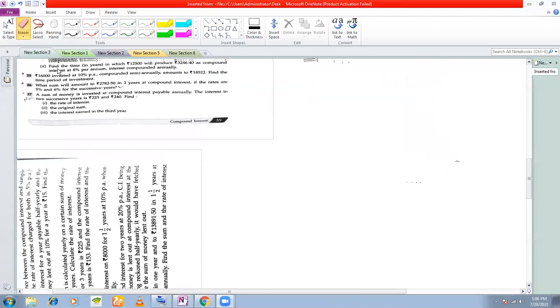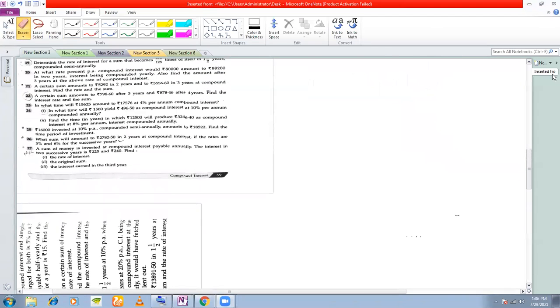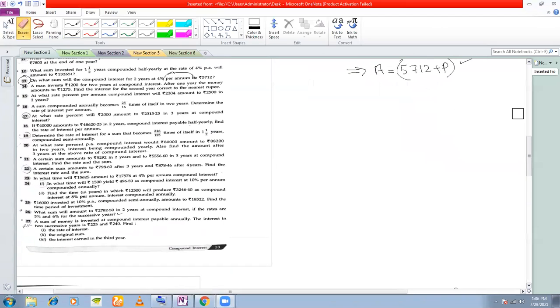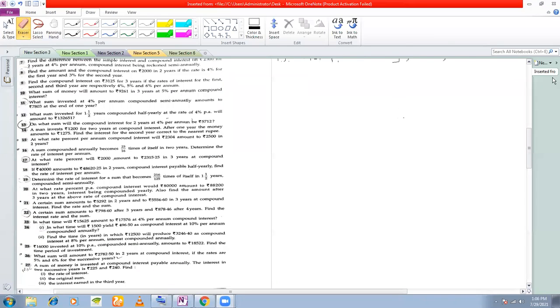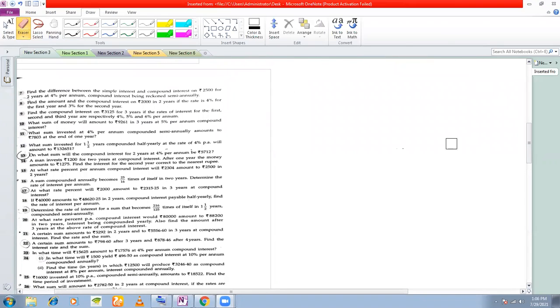We now move on to another sum. In the notes, I have done this in two ways, but here I'll just show you one way. If you understand one way, that is sufficient. Before going on to this sum, suppose I invest 1,000 rupees for, let's say, 3 years, at say 10% rate of interest.